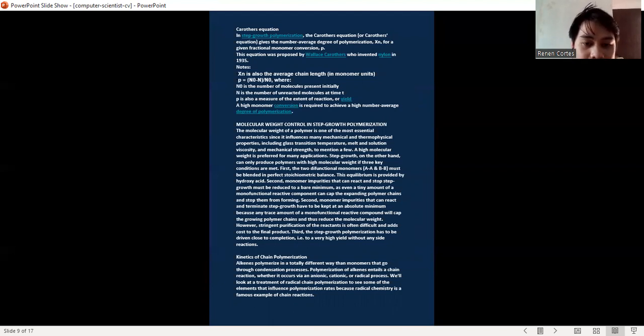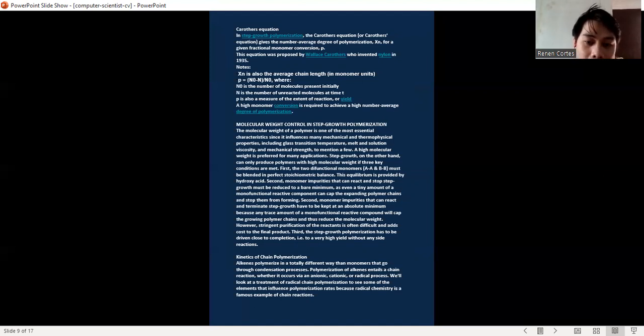Step growth, on the other hand, can only produce polymers with high molecular weight if three key conditions are met. First, the two difunctional monomers AA and BB must be blended in perfect stoichiometric balance. This equilibrium is provided by the hydroxy acid.